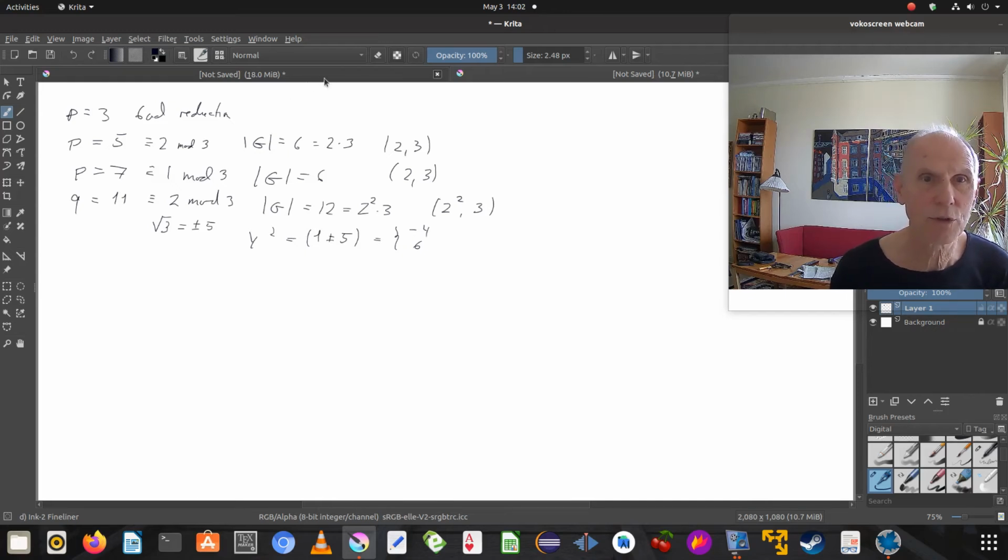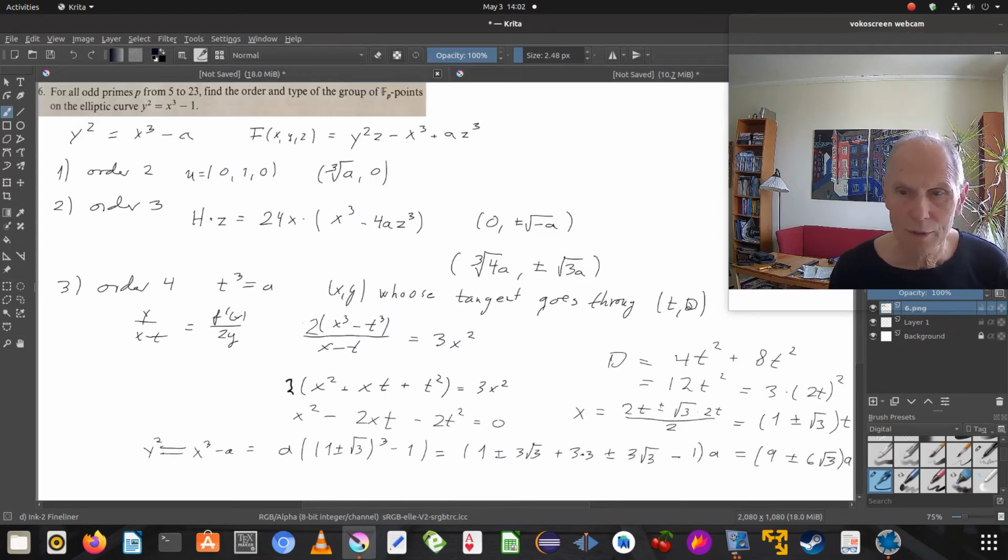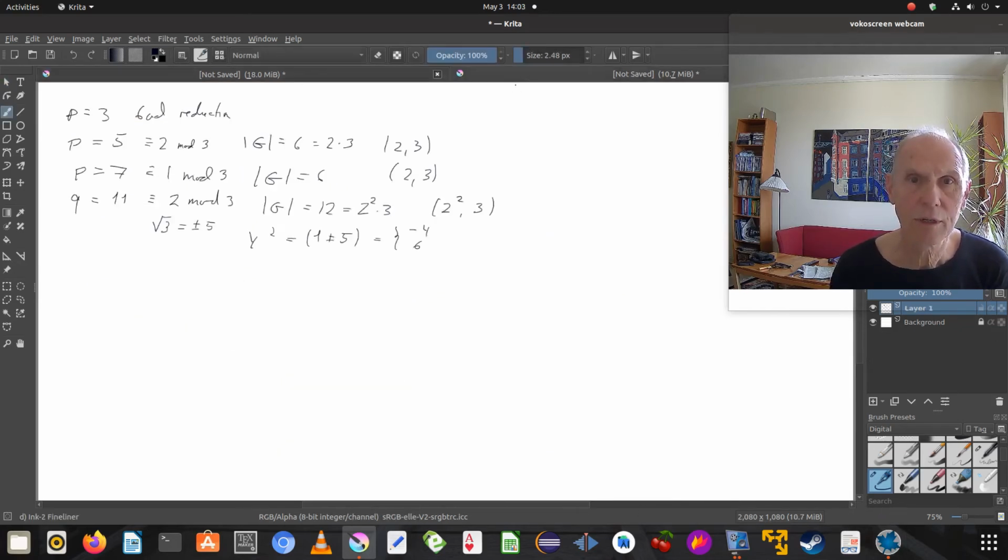We need those first. That was 1 plus minus square root 3. So it's the ones I need to compute for y squared. That is 9 plus minus 6 square root 3. This was the x values.